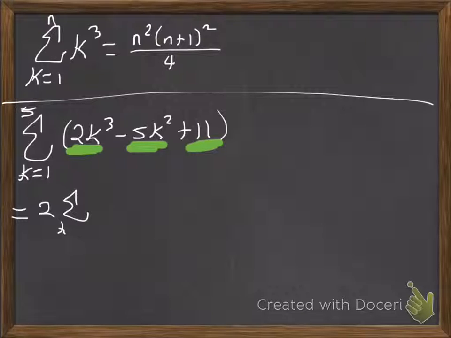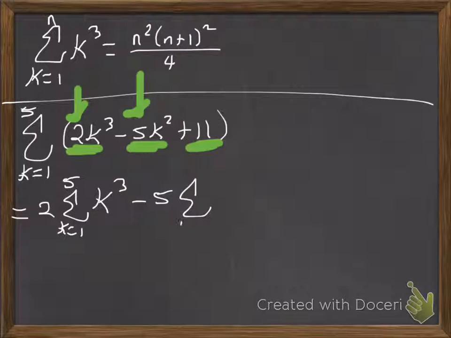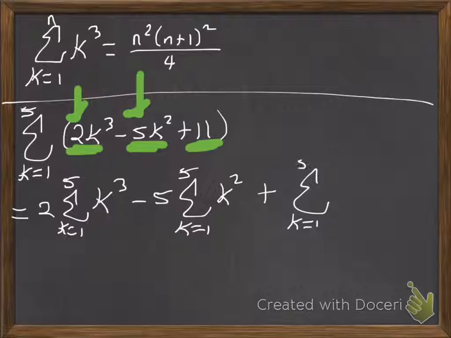Then we have a constant of 2 and a constant of negative 5, so we'll factor those out. We have 2 times the sum from k equals 1 to 5 of k cubed, factor out the minus 5 times the sum of k squared, and the last one is the sum from k equals 1 to 5 of 11.